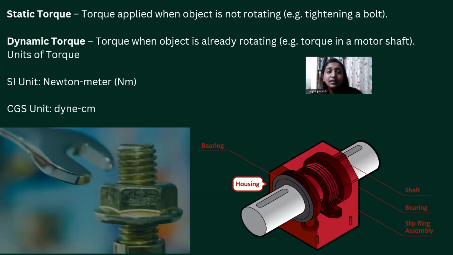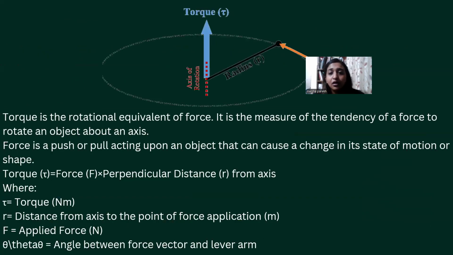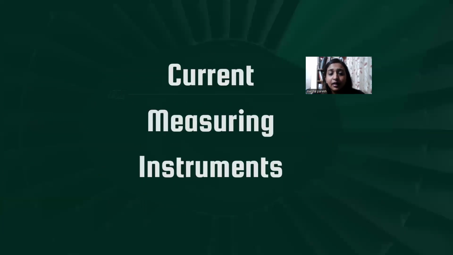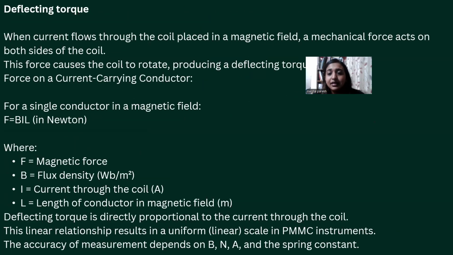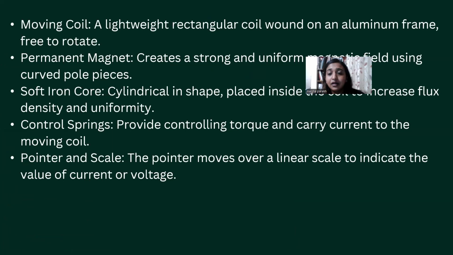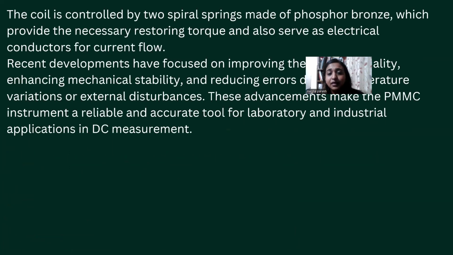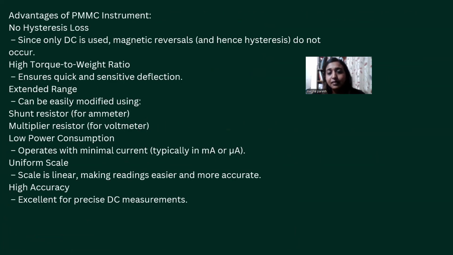Also we have seen the static torque and dynamic torque, and what is a current measuring instrument. And in the next lecture we will see other current measuring instruments, but the basic in all is the PMMC instrument.